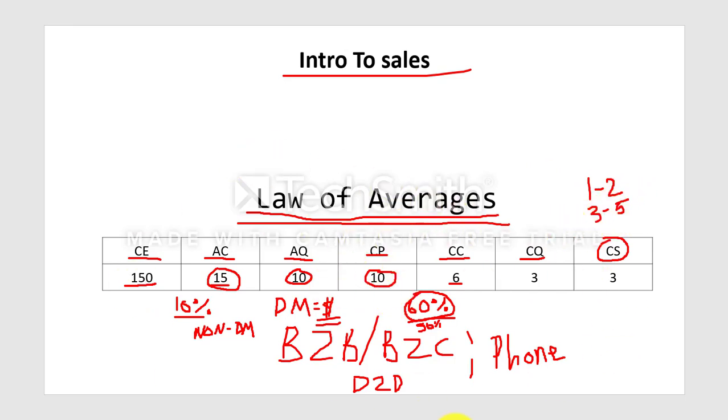It all depends on your product, but the most important thing to learn here is that you want to build a law of averages, or a systematic approach, to whatever you're doing. All you have to do is fill in these numbers and you could be good to go. What this helps you do is track your progress and really learn and build upon where you need help. So let me give you another example.